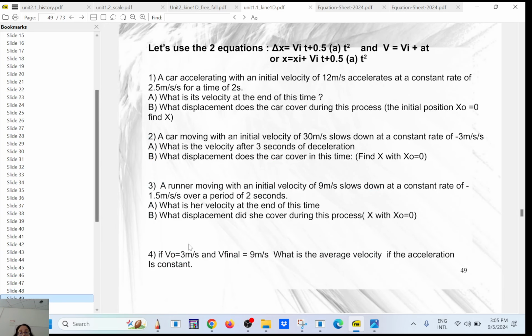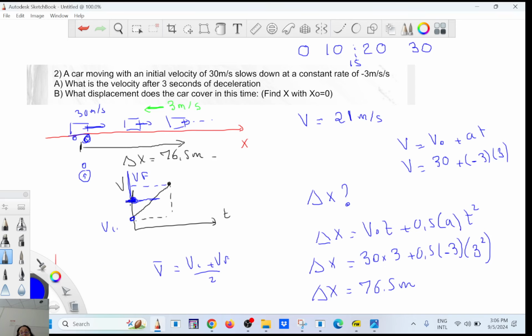Okay. So how can we find the average velocity? Okay, so it's the initial plus the final divided by 2. Okay, because it's the midpoint. When you want to find the midpoint in geometry, you take the initial, the final, and you divide by 2. Convince yourself, right?